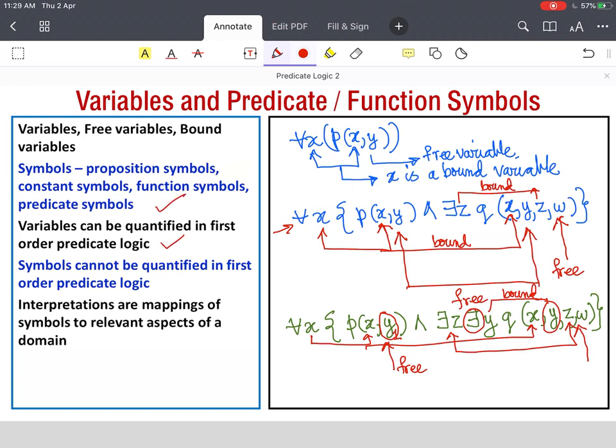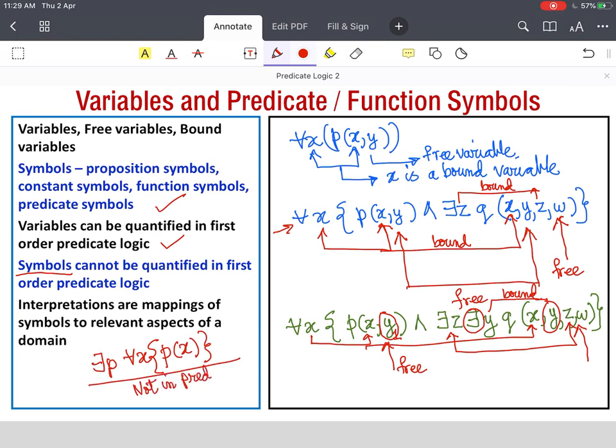So symbols, function symbols, variables can be quantified in first order logic as we have seen, and there are scoping rules. Symbols cannot be quantified. That means in first order logic, we cannot write there exists P for all x, P x.